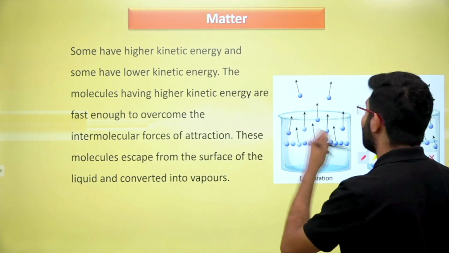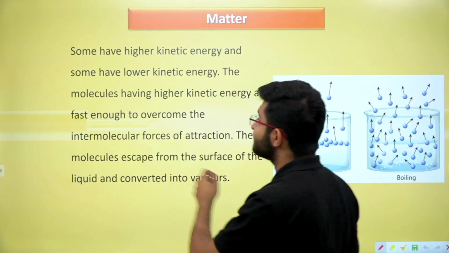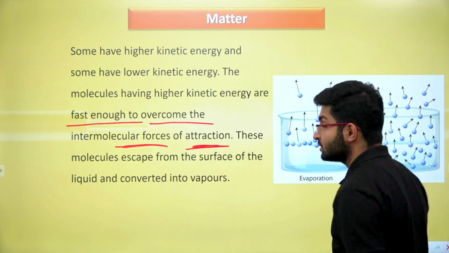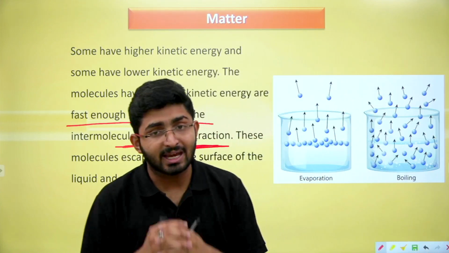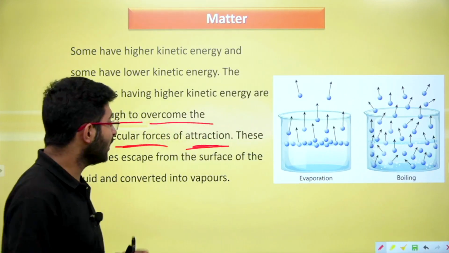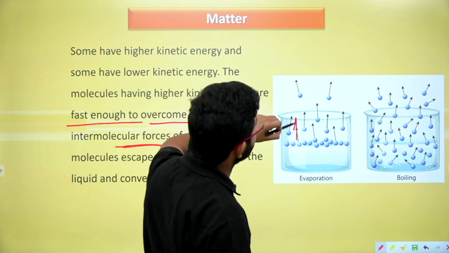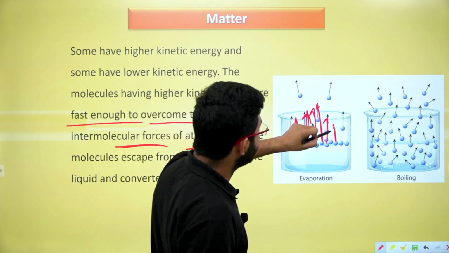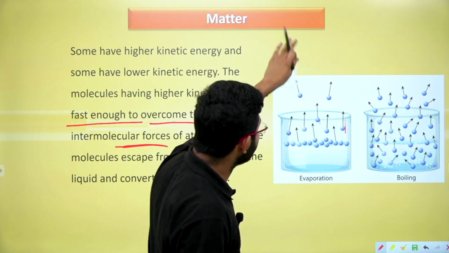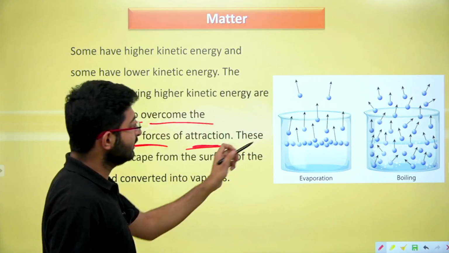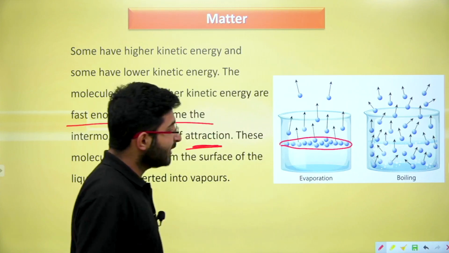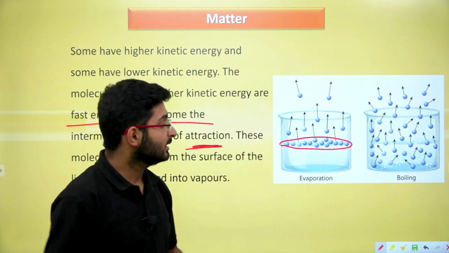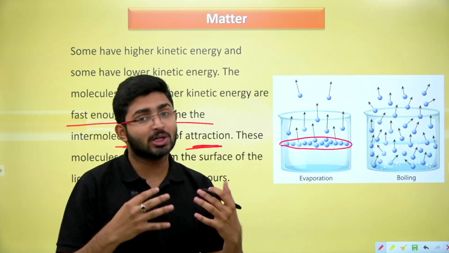The molecules having higher kinetic energy are fast enough to overcome the intermolecular forces of attraction. So molecules which have high kinetic energy vaporize themselves from the surface, and that is known as evaporation, right? You can see in the diagram that evaporation is a surface phenomenon, but boiling is a whole content phenomenon, one that occurs in the whole content, right?